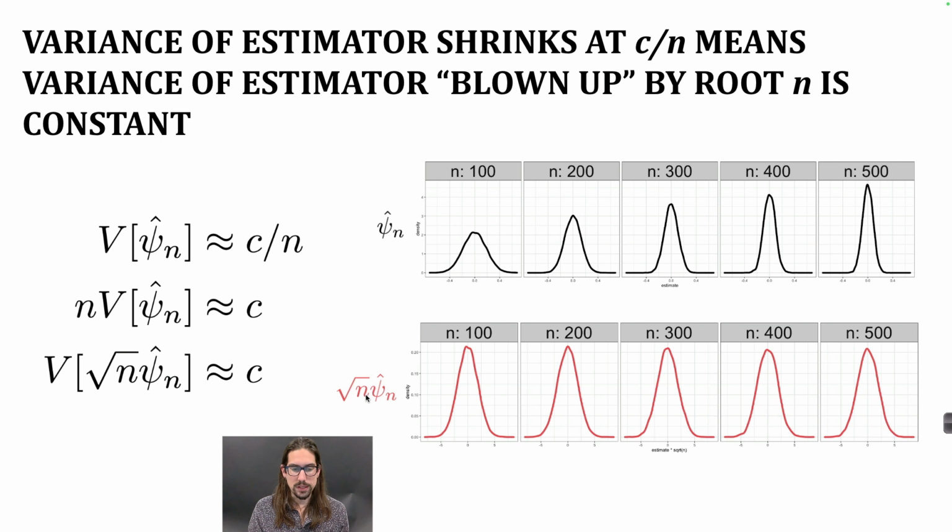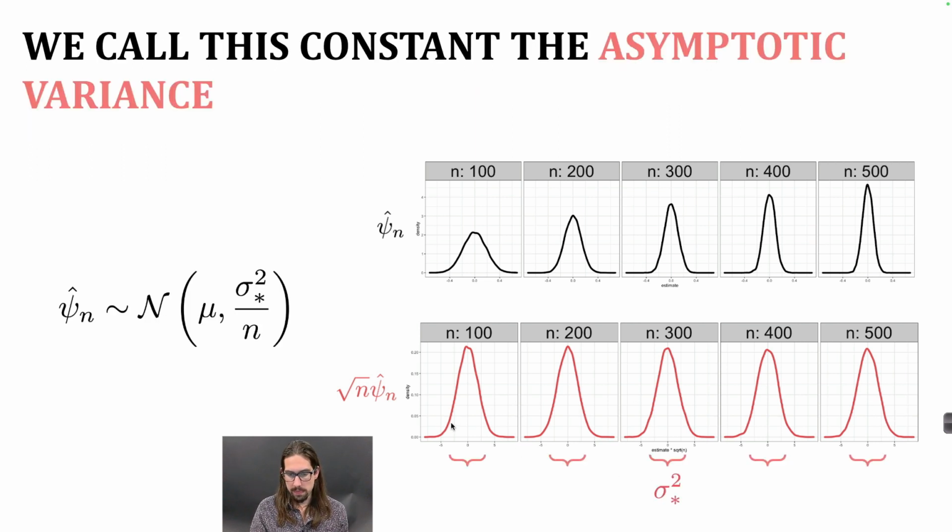If we scale our estimate by root n and plot the sampling distribution of that, you can see the variance is not shrinking. The variance of this is what we call the asymptotic variance, which I can denote with sigma star or sigma infinity.